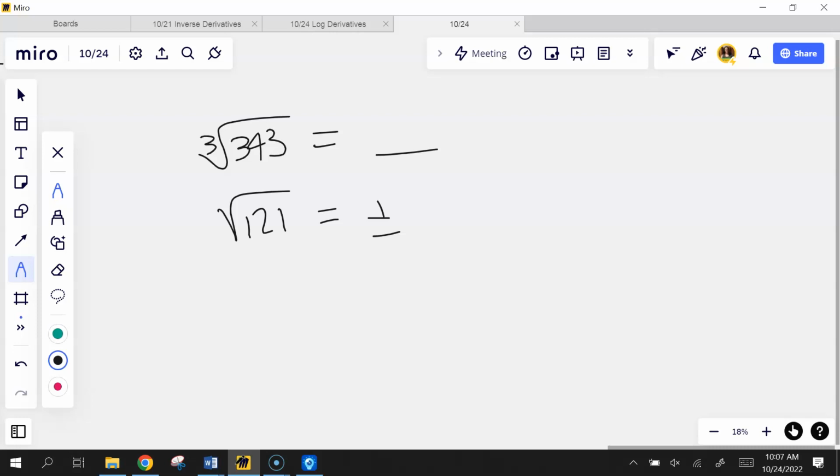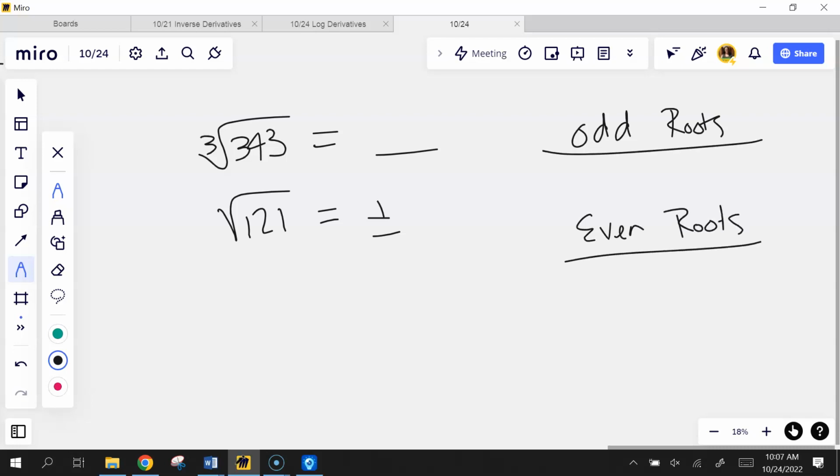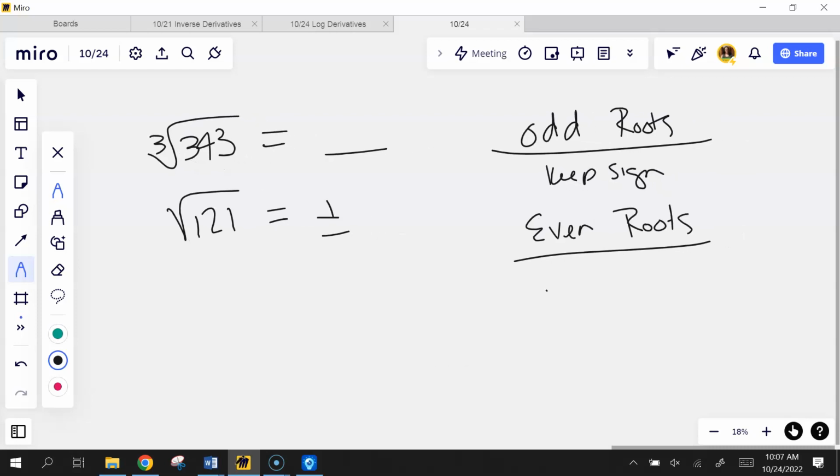Odd roots. We've already said about the signs. Odd roots keep the sign. Even roots must be positive. And then here I get one answer, or one solution, or it reduces to one.